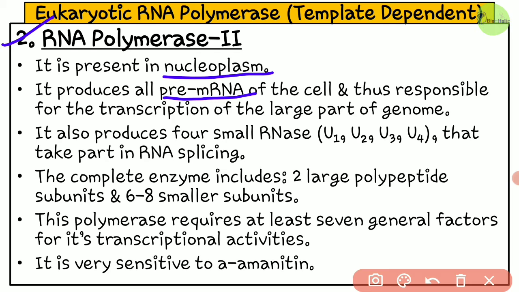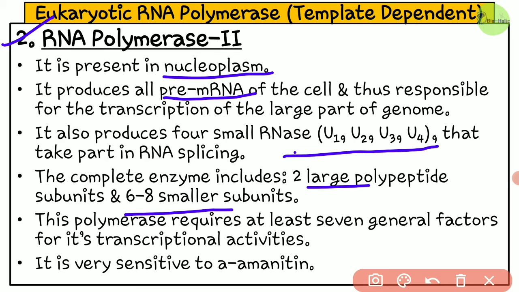It also produces 4 small RNAs, that means U1, U2, U3, U4, that take part in RNA splicing. Okay, so the complete enzyme includes 2 large polypeptide subunits and 6 to 8 smaller subunits.